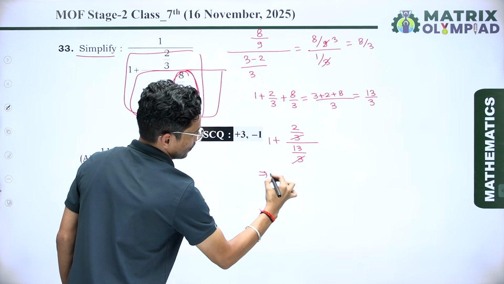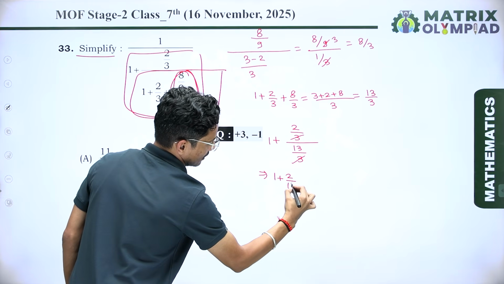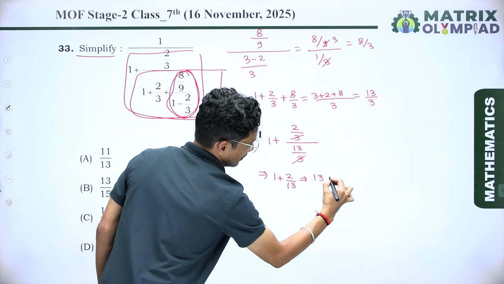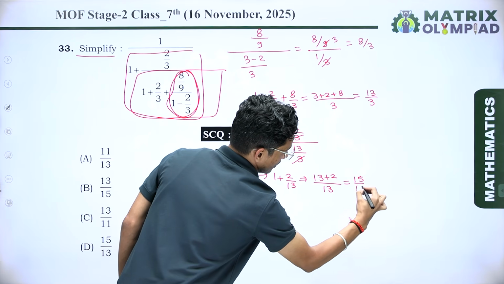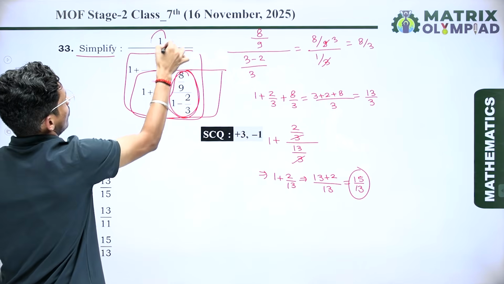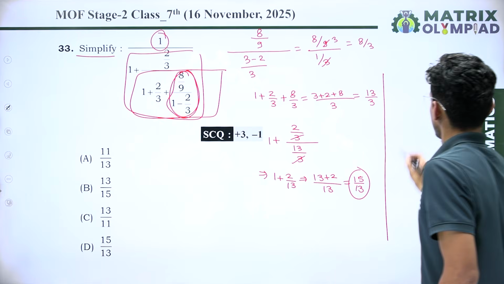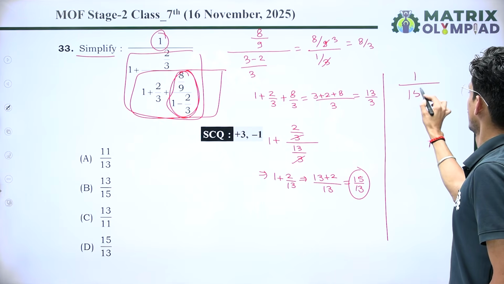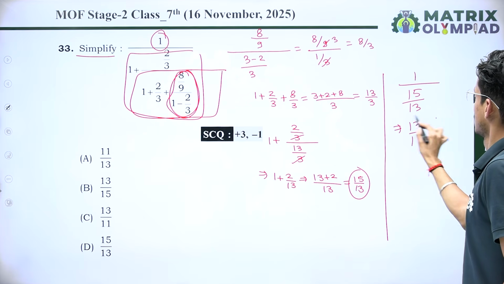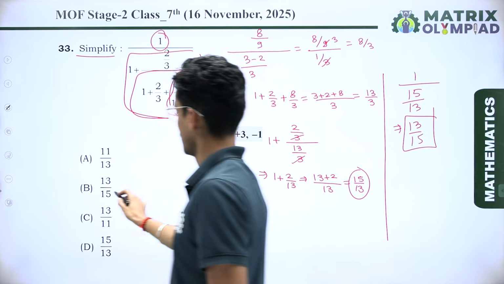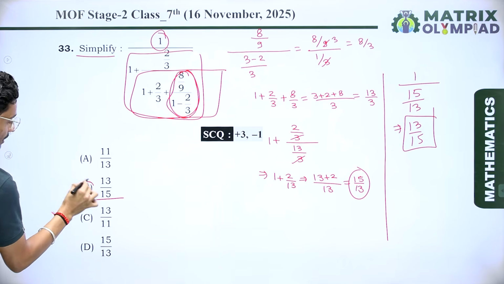So I can write 1 plus 2 by 13, that is 13 plus 2 by 13, which is equal to 15 by 13. And here we have 1 upon 15 upon 13, so the correct solution is 13 upon 15. So check which option is correct. Option B is the correct answer.